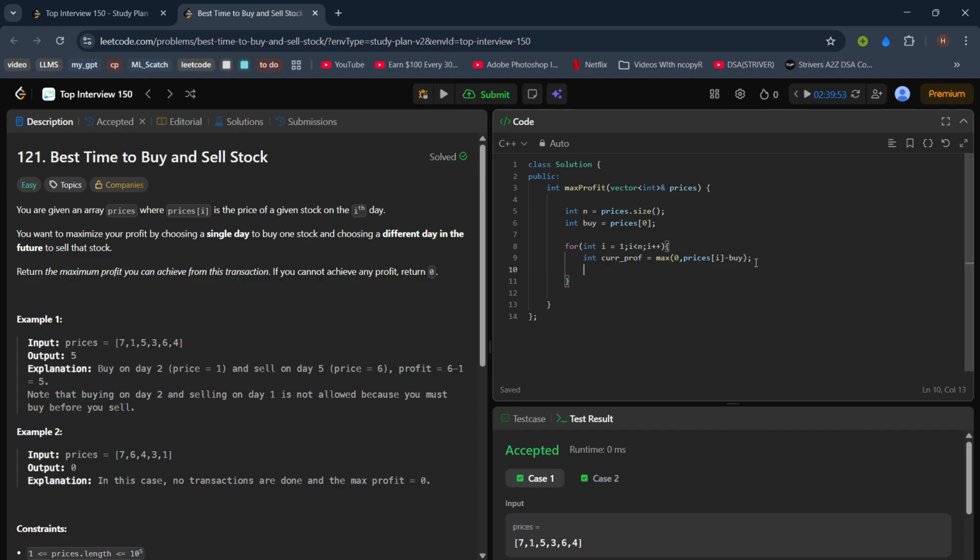Next we will have a variable max profit, which is equal to the maximum of max profit comma current profit. At last we need to update our buy variable also, because we need to store the minimum possible value behind the selling point. Buy equals minimum of buy comma prices[i], and at last we would just return the max profit.